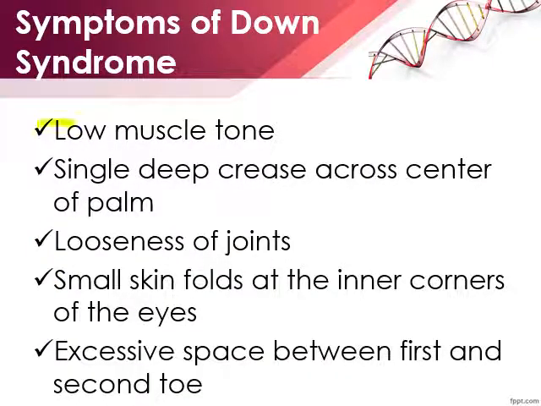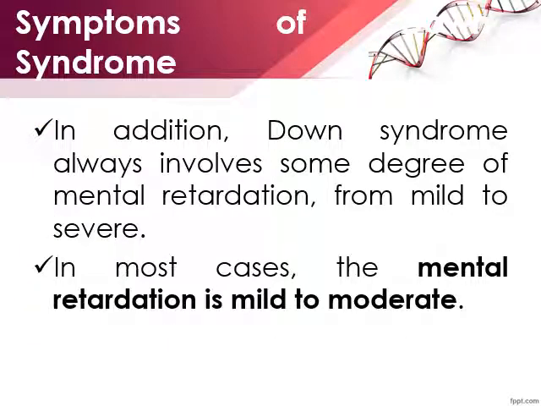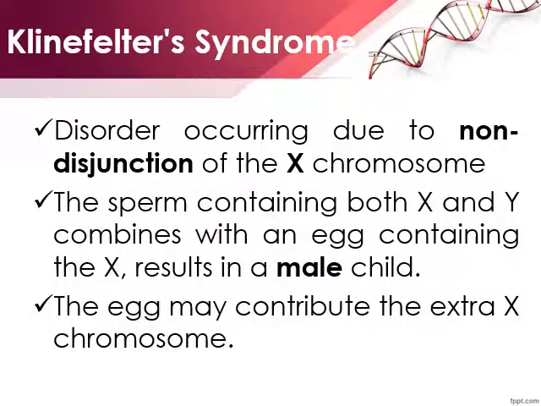Low muscle tone, a single crease across the center of the palm, looseness of joints, small skin folds at the inner corners of the eyes, and excessive space between the first and second toe. It also involves some degree of mental retardation from mild to severe. In most cases, mental retardation is mild to moderate.